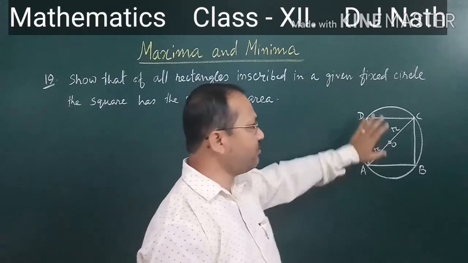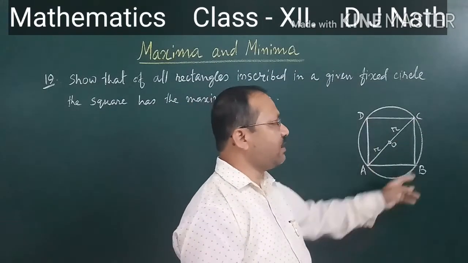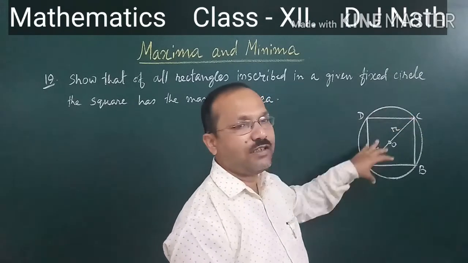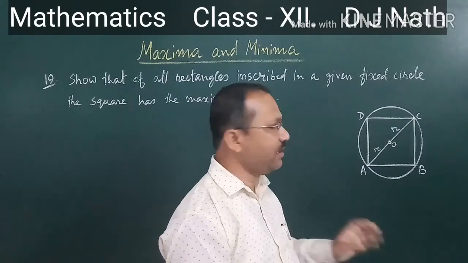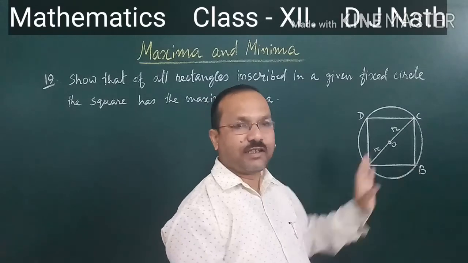Okay. So how can we do it? A circle is given, it is fixed. Let r be the radius of the circle. Okay. And ABCD be a rectangle.